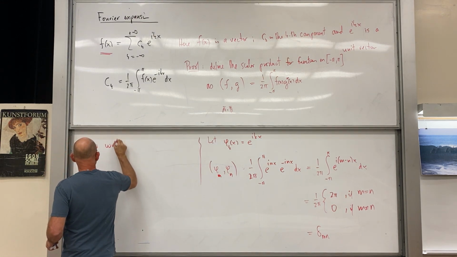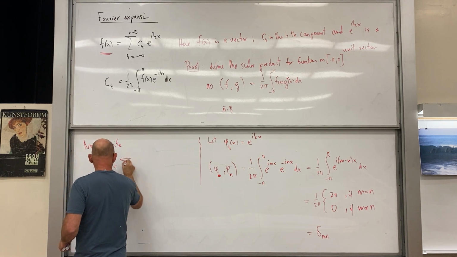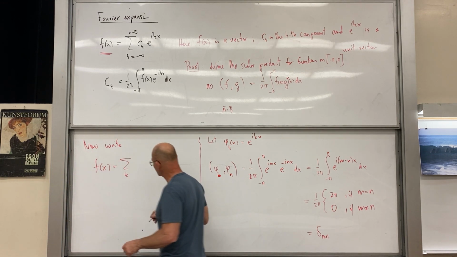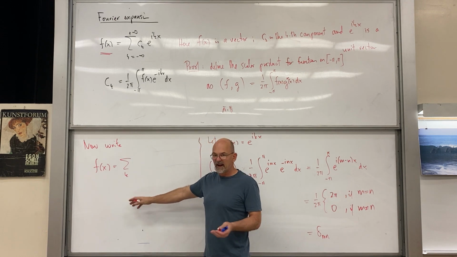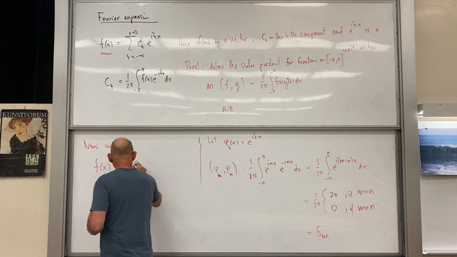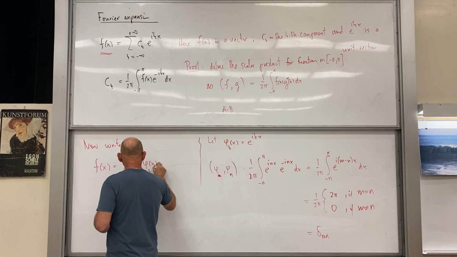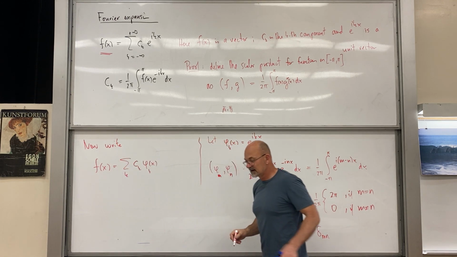now write f of x is equal to the sum over k. I'll just even leave out the range, right? We know what it is. Sum over k, c sub k, phi sub k of x. Okay.